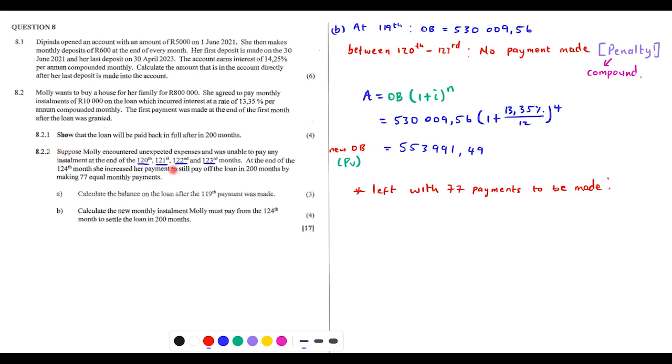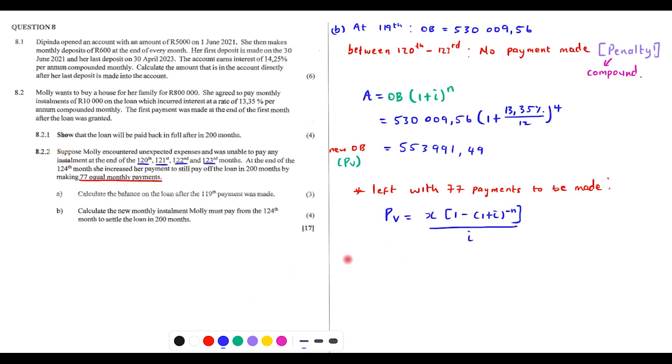So to get a new equal installment, when I use PV, which is x into 1 minus (1 plus i) to the minus n, over i, right? And then we basically want to find x, so we're going to isolate x. By isolating x, I'm going to cross multiply.